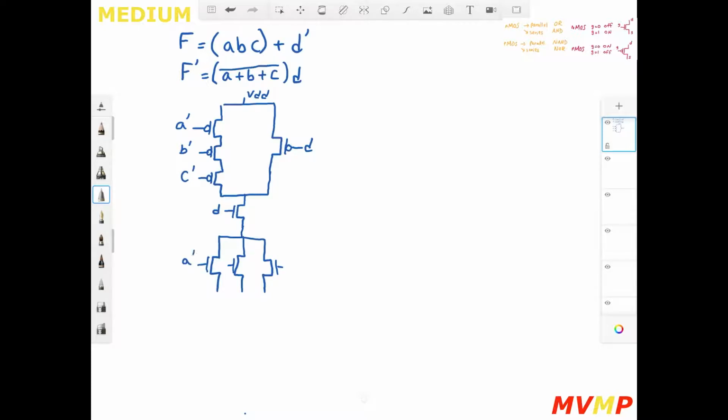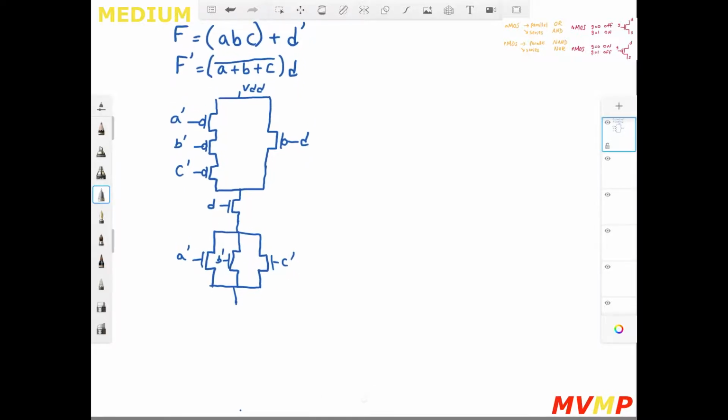Now it will be in series with the D in the pull-down network. We're always going to draw our line for the output in between the two networks, and our output will just be the original function that we were given.